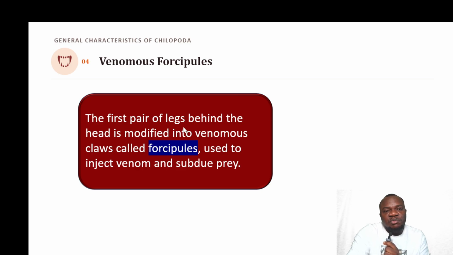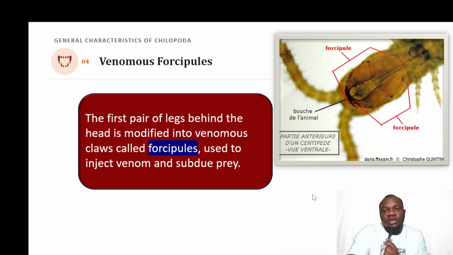The first pair of legs behind the head is modified into venomous claws called the forcipules. This is used to inject venom and subdue the prey. So when they inject the venom into the prey, they tend to subdue the prey. Okay, so this is a forcipule.